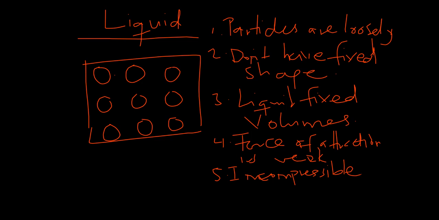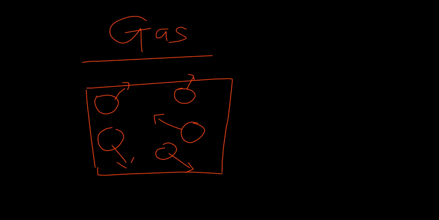Now let's look at the final state of matter, which is gases. And here too, we're going to look at the various properties of gases. Again, we have on the screen the lattice structure, which shows the arrangement of particles in gas substances. And here you realize that the particles are not arranged in an orderly manner.